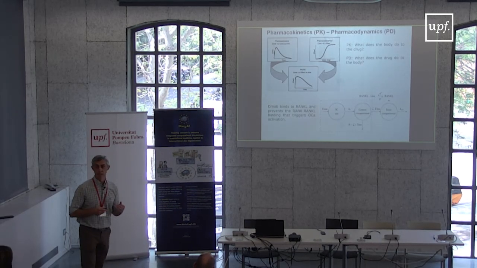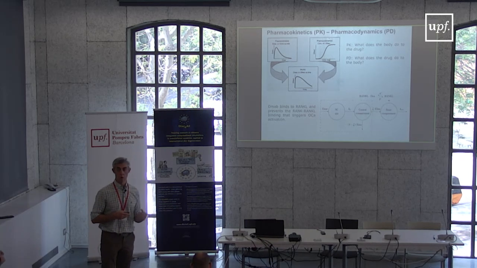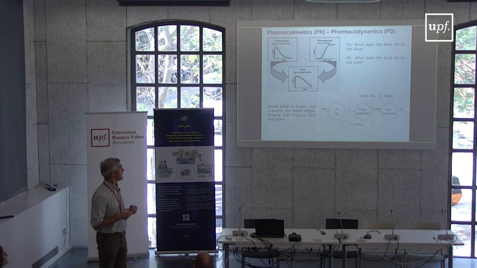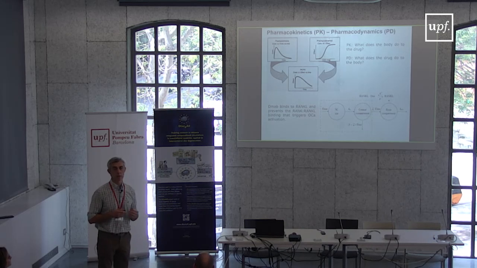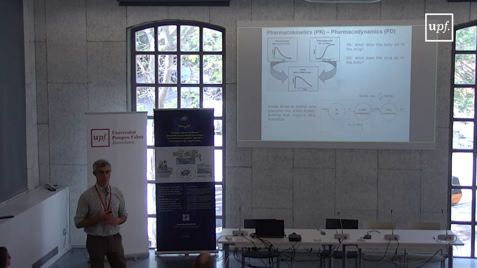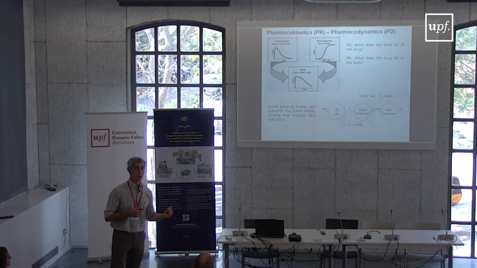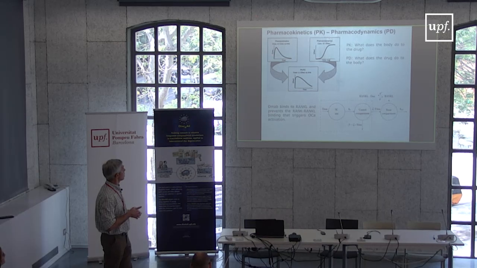But we need a PK/PD model, a pharmacokinetics-pharmacodynamics model of that drug. PK model, pharmacokinetics, tells us what the body does to the drug, how it is absorbed or how it is eliminated, which is the concentration of the drug over time.